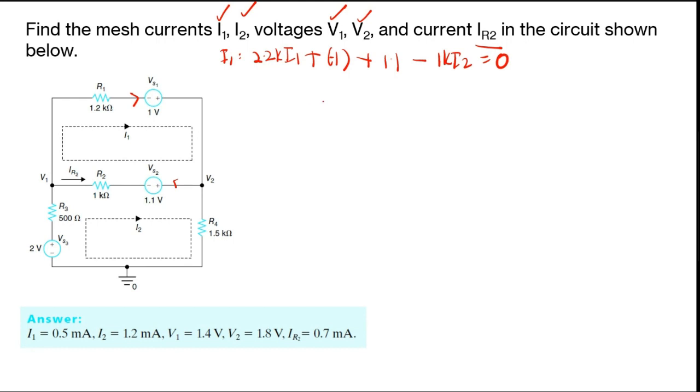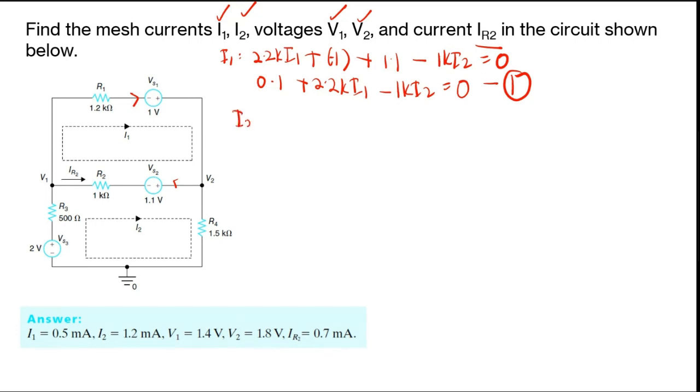So this is going to be your equation 1. When you do the simplification, you will get 0.1 plus 2.2K I1 minus 1K I2, which is equal to 0. This is your equation 1.